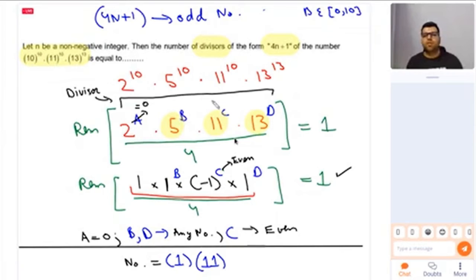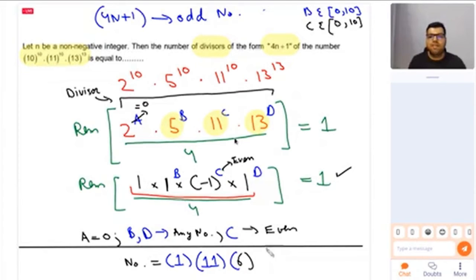So 11 possibilities for B. For C, C was belonging to 0 to 10, but we have to take just the even values. So the even values will be 6 in number: 0, 2, 4, 6, 8 and 10.